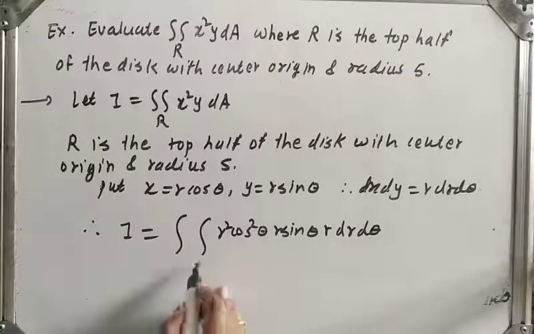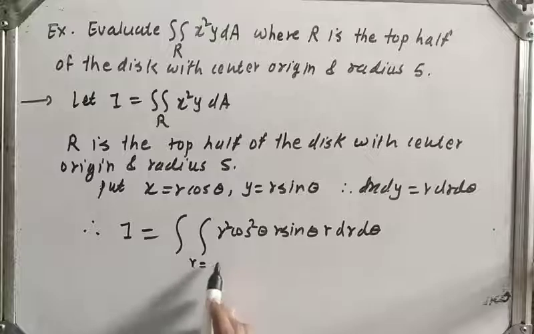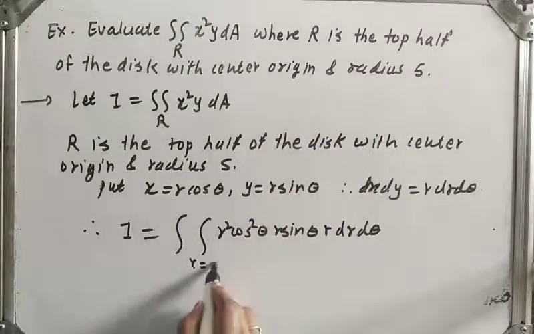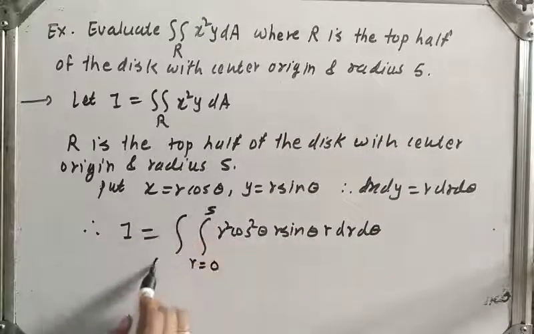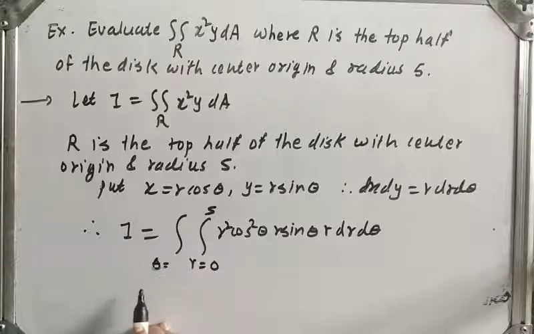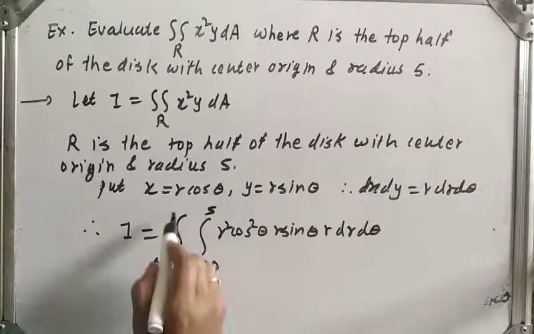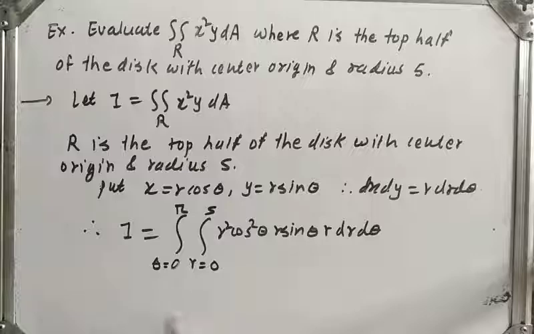And next, r varies from what? r varies from 0 to 5. Theta varies from, it is complete top of the disk, so theta varies from 0 to pi. Okay, and now we will solve this integration.